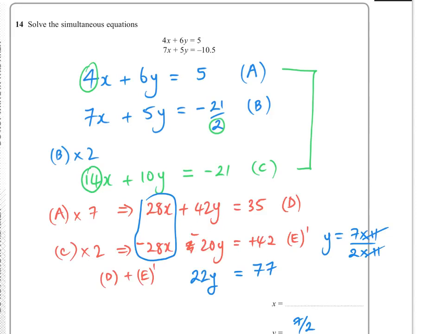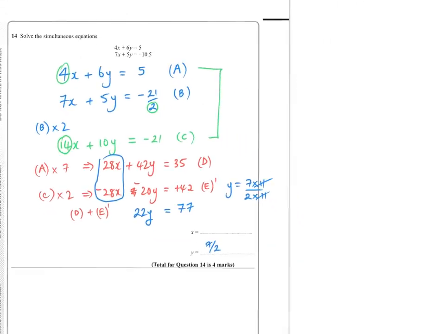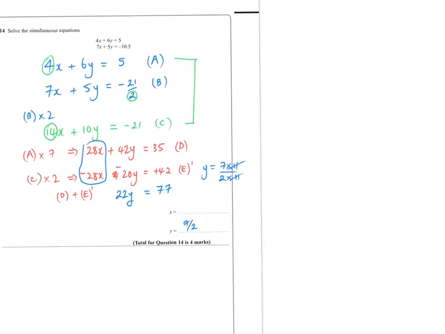Now when you get y is 7 over 2, you've got a few choices. Choice number 1 is that you can just repeat the process. So if you had 4x plus 6y equals 5, equation A, and 14x plus 10y equals minus 21, equation C, then you could times the top one by 10, the bottom one by 6, or you could times the top one by 5 and the bottom one by 3.